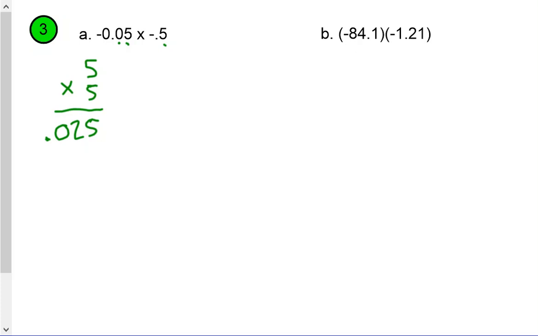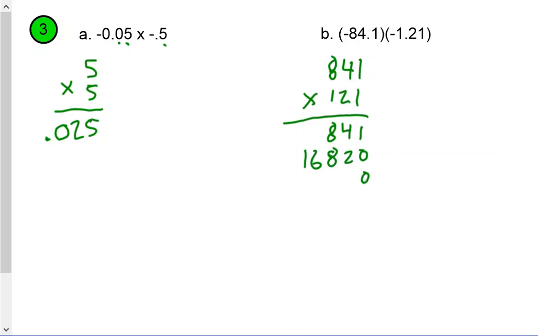So we have 2 negatives, so our answer is going to be positive, and it would be 841 times 121. Going through this, we get 1, 4, 8, put our 0, we get 2, 8, 16, put 2 zeros, now we get 1, 4, 8, now we can add, we get 1, 6, 16, 17, 10, 11, and we get 10.